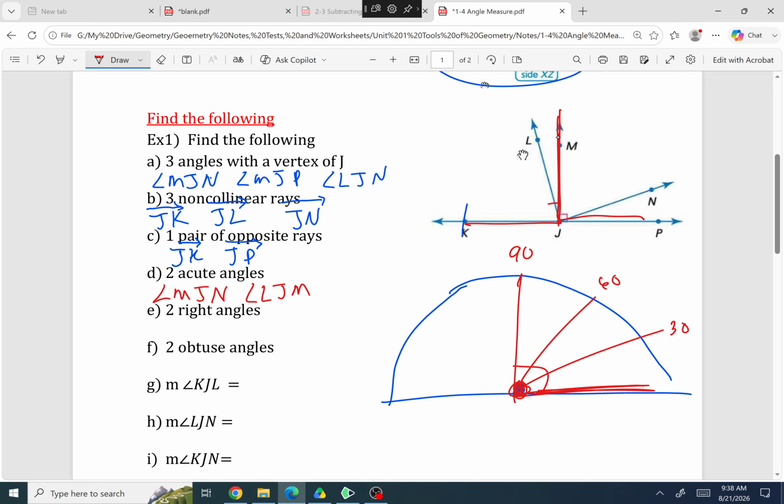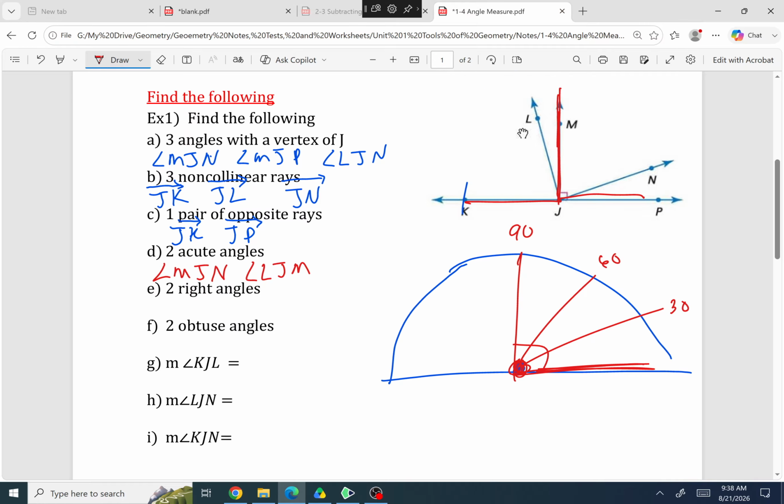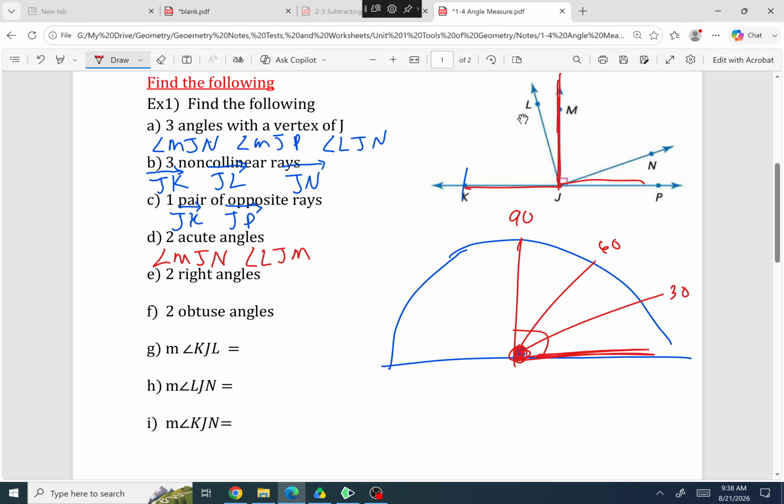Because I know this angle is 90, and that angle is less than 90, so it has to be acute, yeah? And then what's the next question? Two right angles. Well, there's only two, right? What are they? Angle MJP, and an angle MJ what? K.